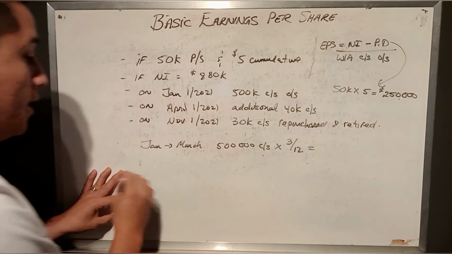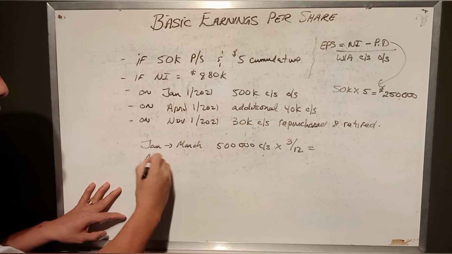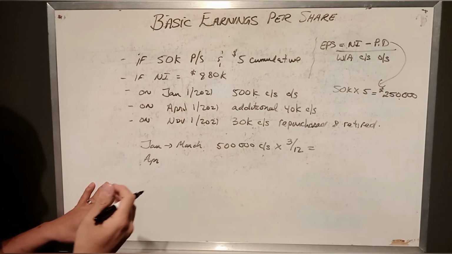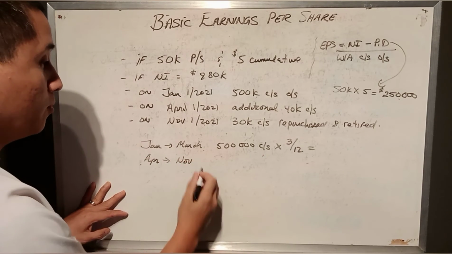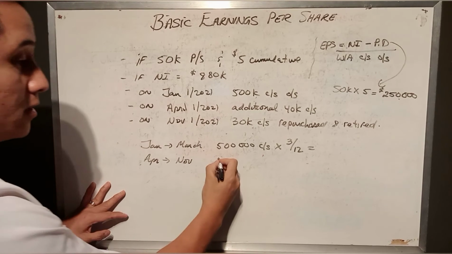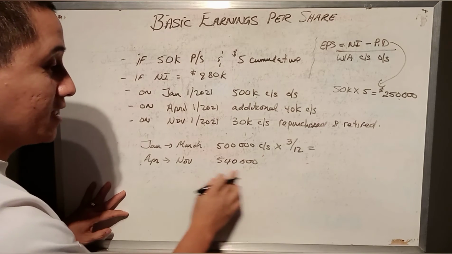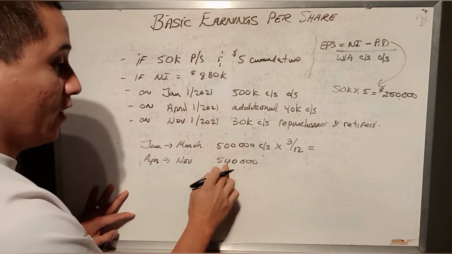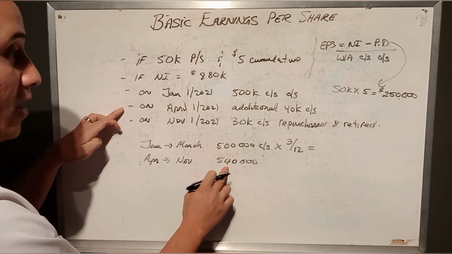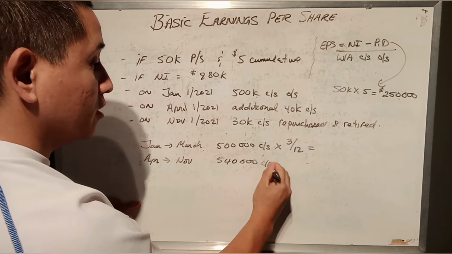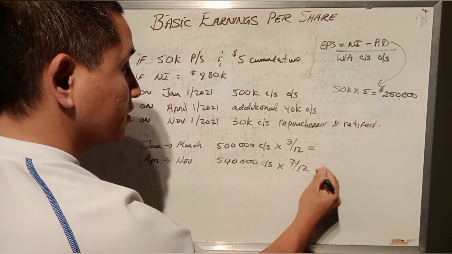Now from April to November, that would give us 7 months, with an additional 40,000. So what we have outstanding here is 540,000, because on April 1st we purchased an additional 40,000 common shares, multiplied by 7/12.